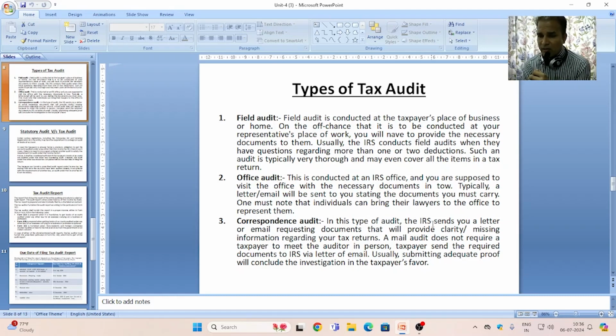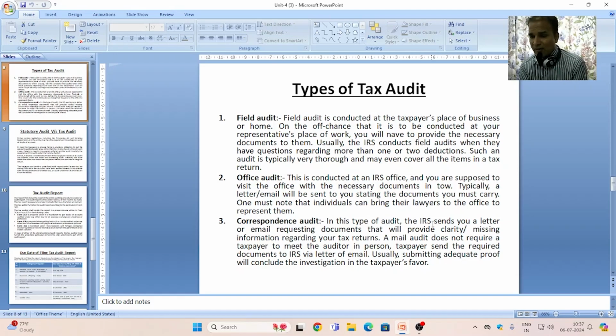Email audit does not require a taxpayer to meet the auditor in person. Means in correspondence audit, it is not the foundation that the taxpayer has to meet with the auditor. Taxpayers send the required documents to the IRS via letter or email.